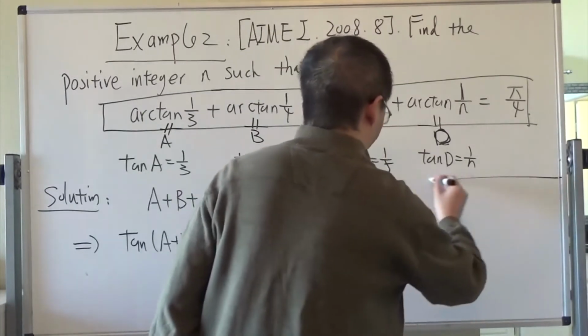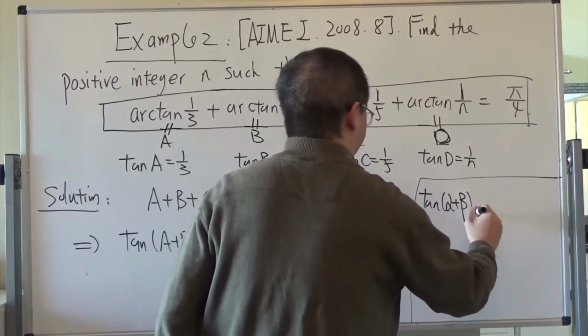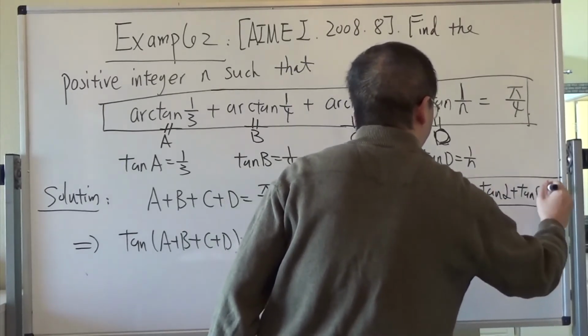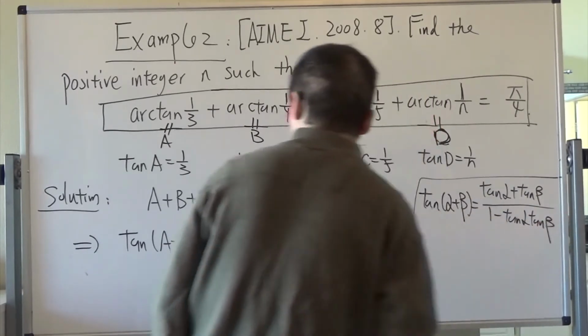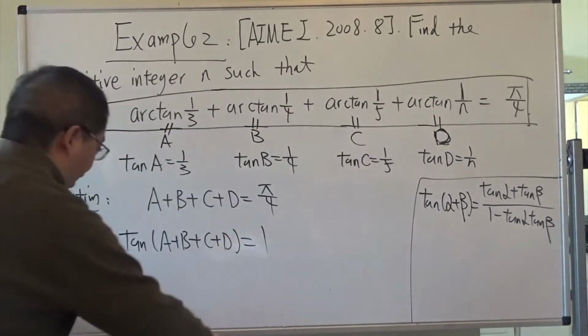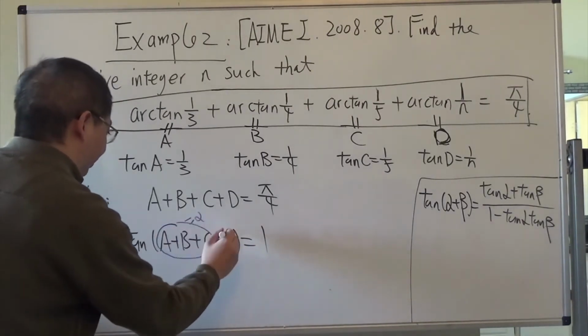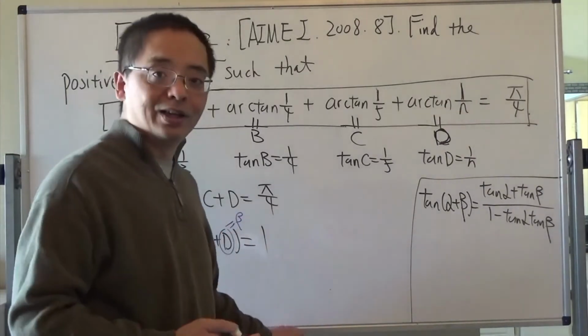So let's recall that formula. Tangent of (alpha plus beta) equals (tangent alpha plus tangent beta) over (1 minus tangent alpha times tangent beta). Here I have 4 angles. I can put A plus B plus C as alpha and D as beta, and then we can do it one by one.